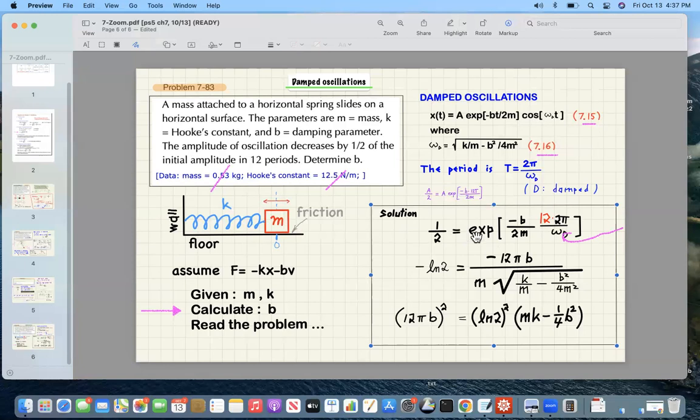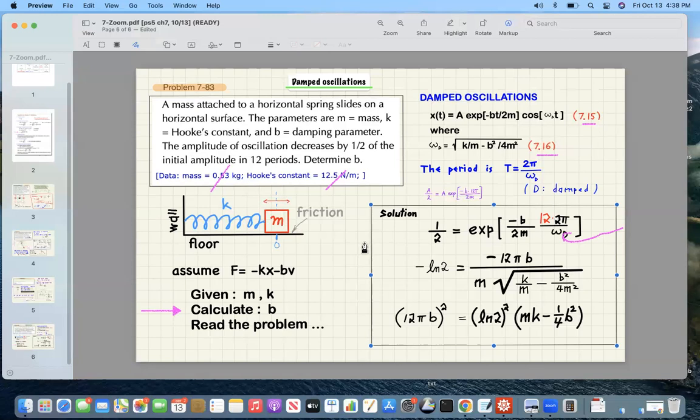So if you think back to high school algebra where you studied logarithms, when we take the log of the exponential, we just get the quantity inside the exponential, which will be this: minus, I guess the 2 of pi over 2 cancels, minus 12 pi b over m times the square root of k over m minus b squared over 4m squared.